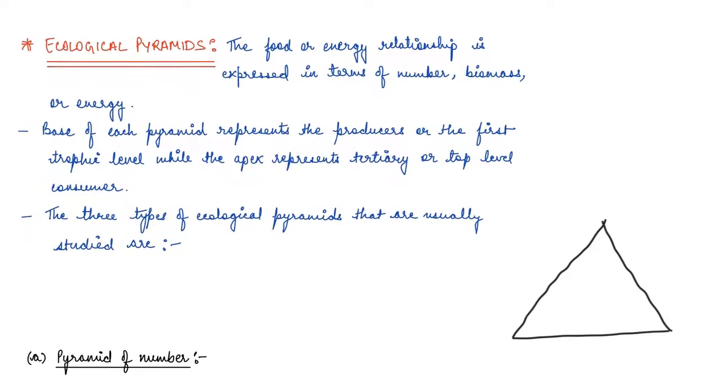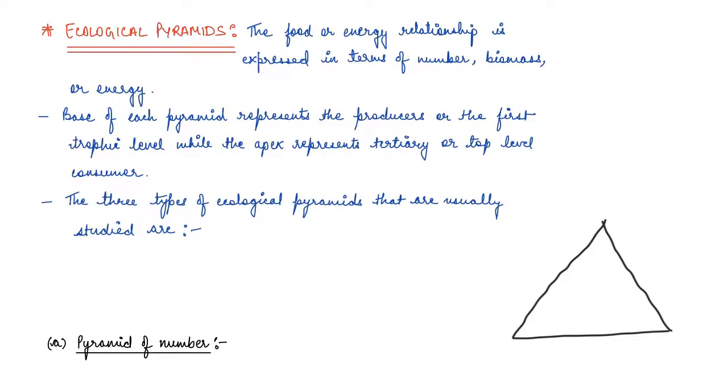So basically I said the food or energy relationship is expressed in three things. It is either expressed in terms of number, or it is expressed in terms of biomass, or it is expressed in terms of energy.